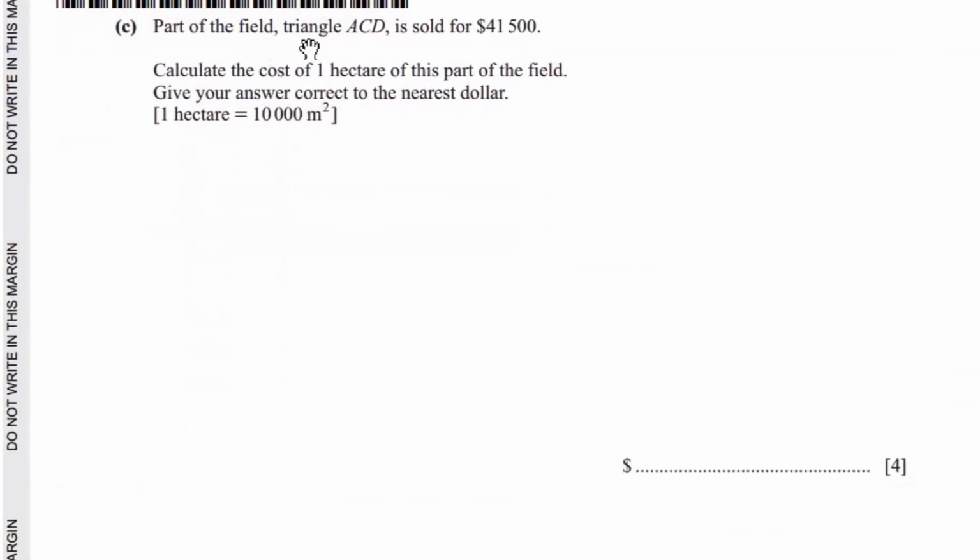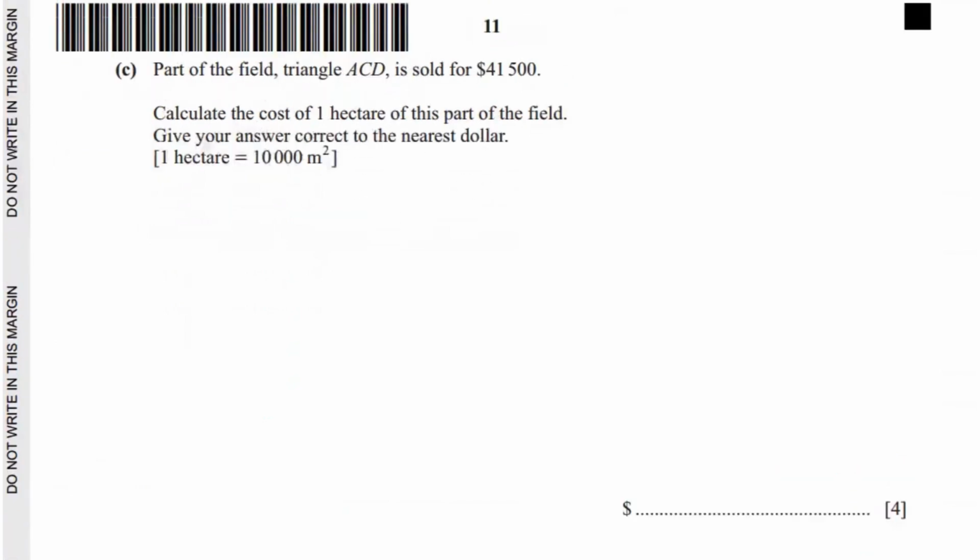Part C: part of the field, triangle ACD, is sold for $41,500. Calculate the cost of 1 hectare of this part of the field, giving your answer correct to the nearest dollar. For this, we need to find the area of triangle ACD first.